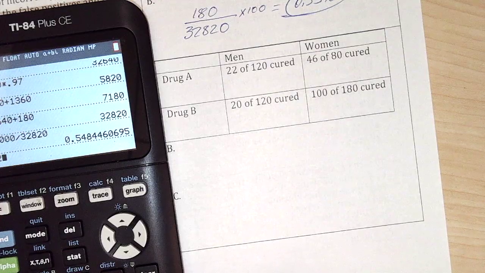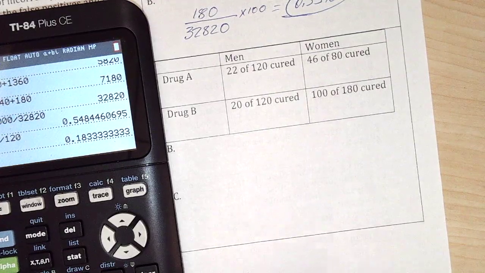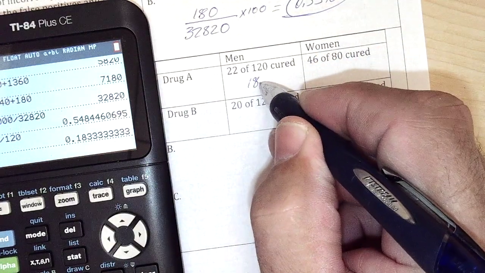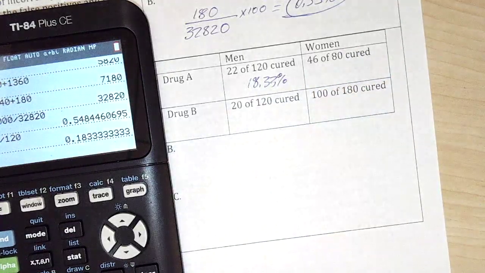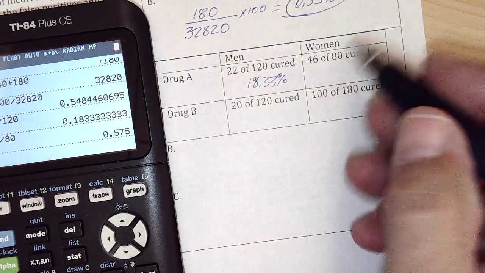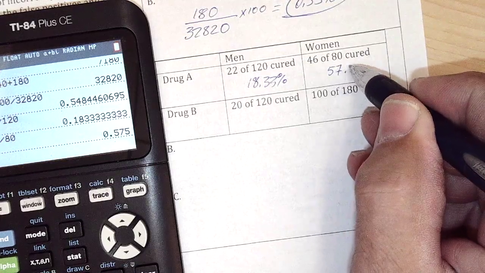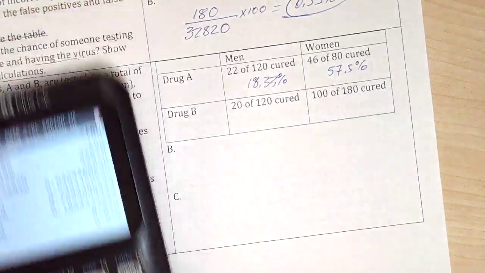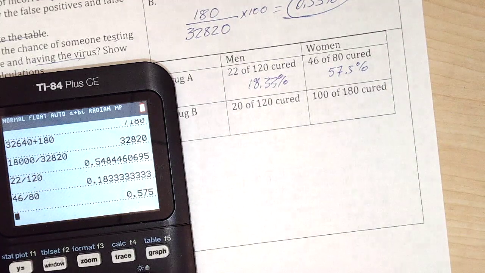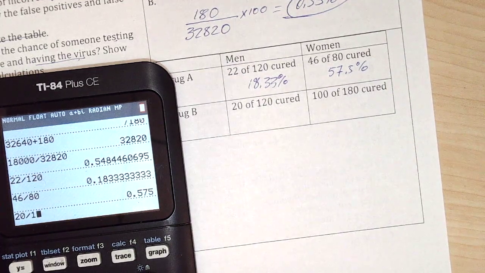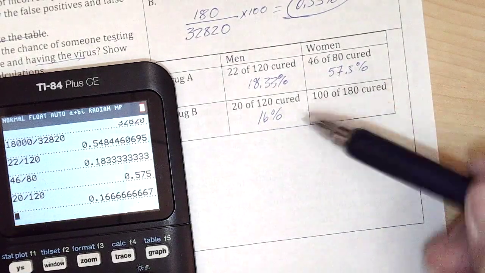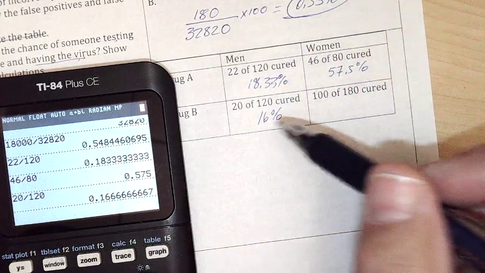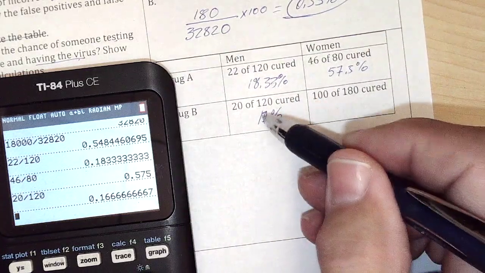So 22 divided by 120 is 18.33%. 46 divided by 80 is 57.5%. 20 out of 120, that's 16%. So this is 17%, rounded better.